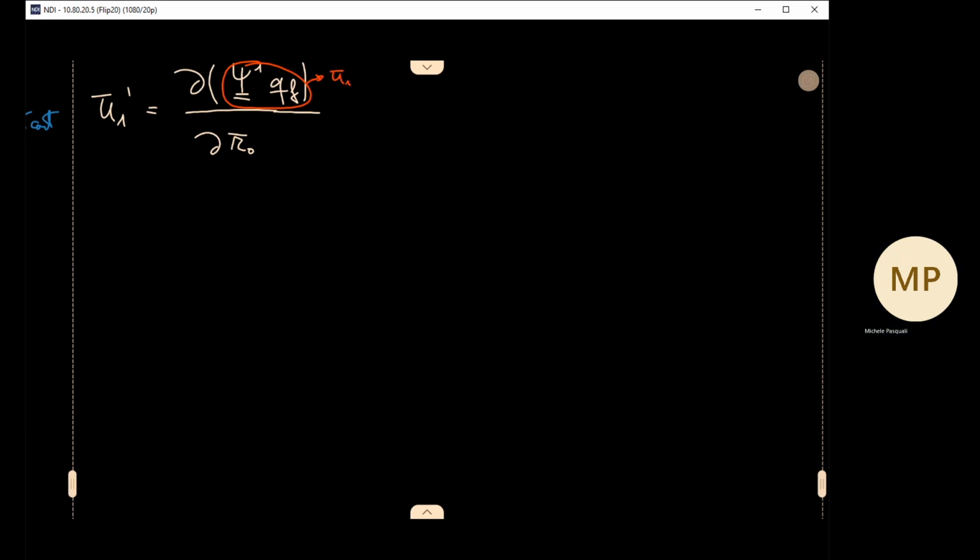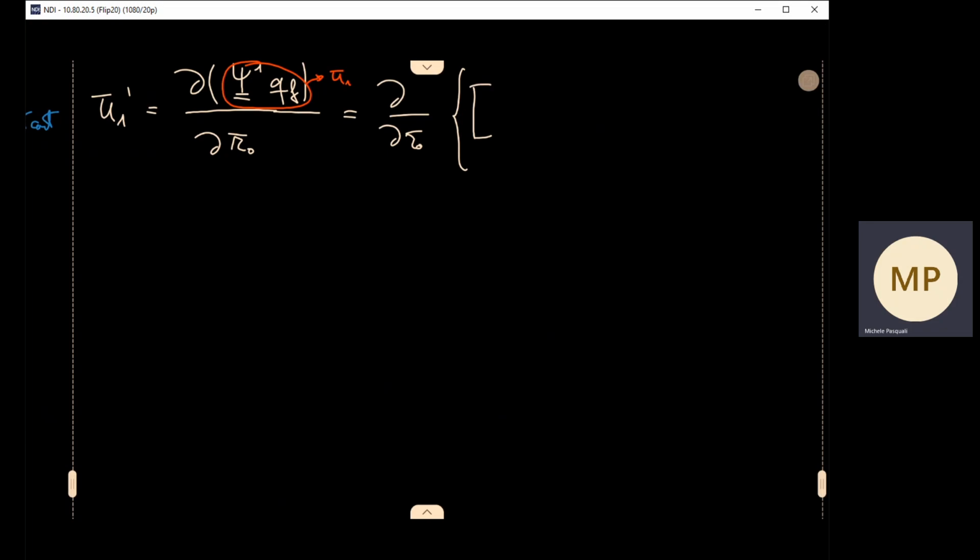Okay, and if we do it, we get the following: d over dR0 over bar of what? Well, the first row of the matrix Psi is 0, R0 over bar over L, 0.